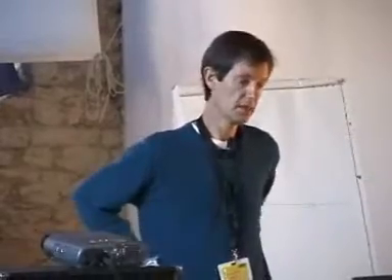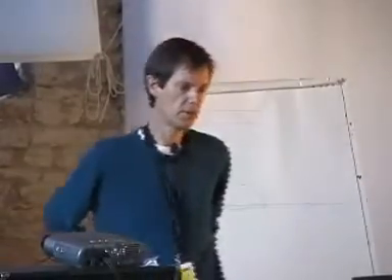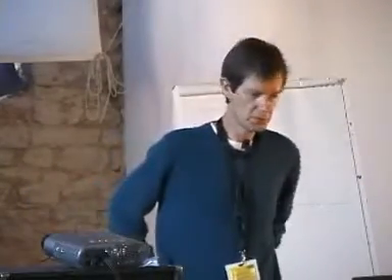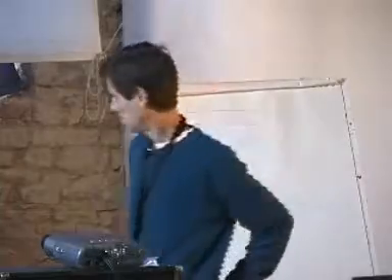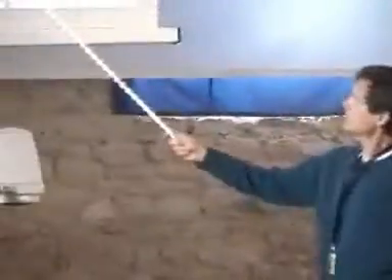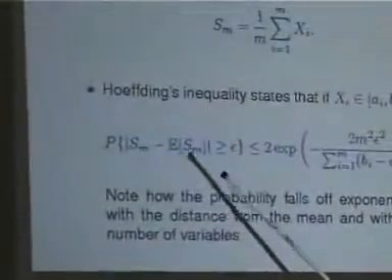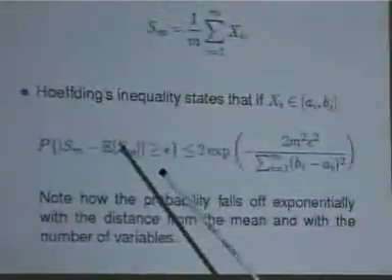So you take a sample of size m and compute the mean, and that's Sm for you. And what this is trying to do is compute the probability that that mean in a particular instantiation is significantly different from its expected value.